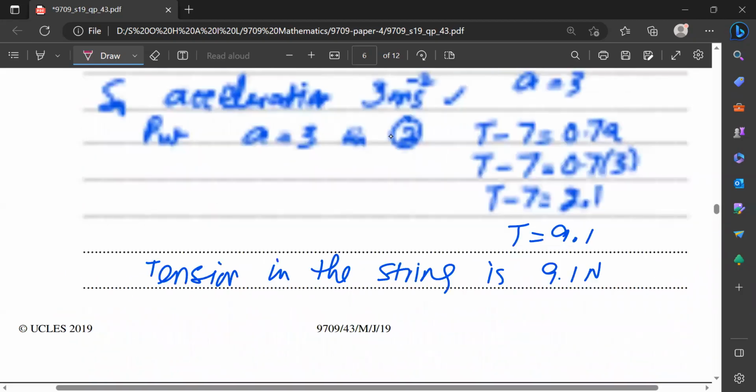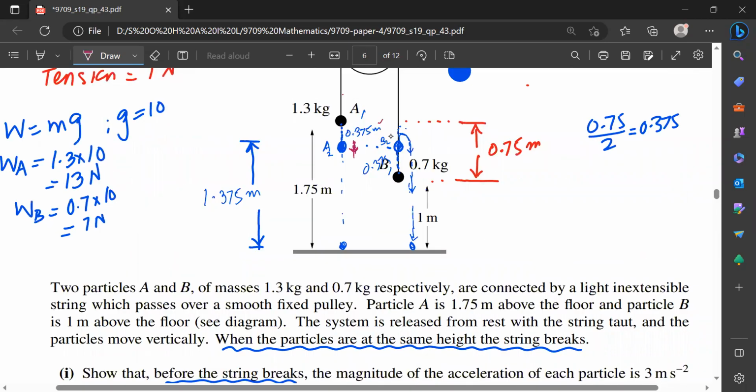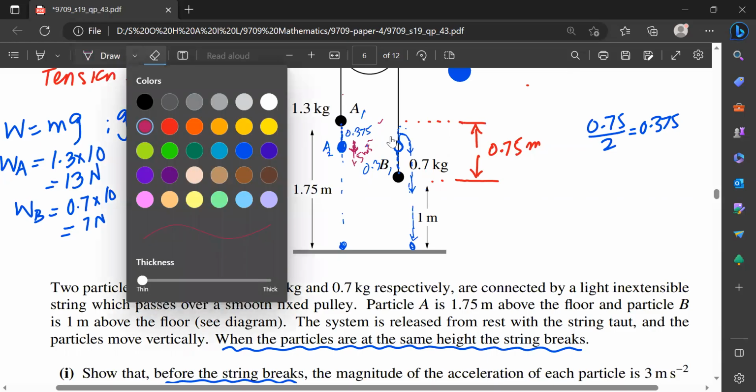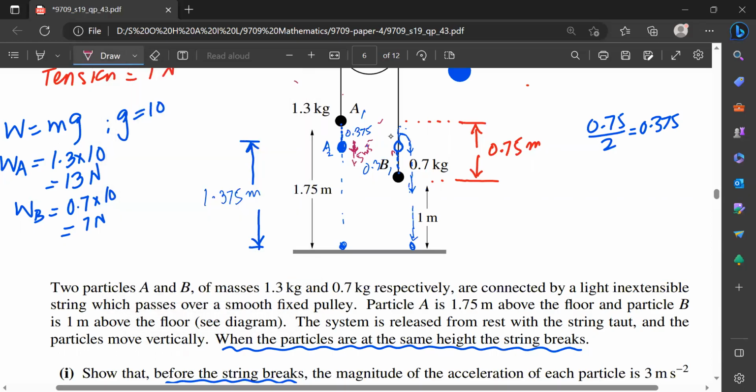So when the particle reaches here at A2, it is moving with 1.5 meters per second. And as they were connected, when particle A goes from A1 to A2, B goes from B1 to B2. So it is the same, 1.5 meters per second, from B1 to B2. So this is the B2 position, and this is 1.5.